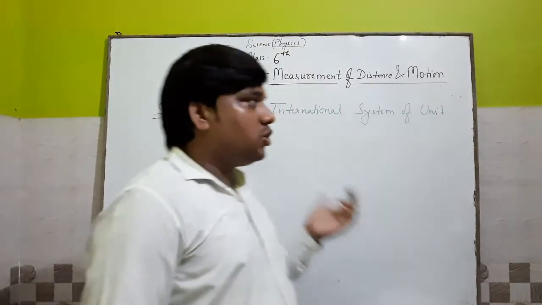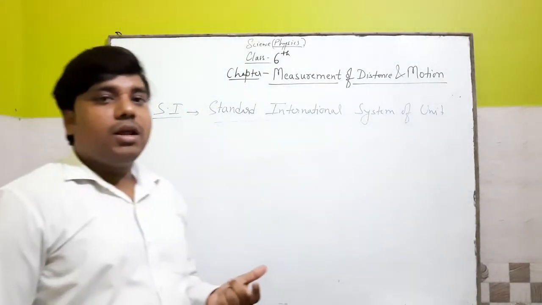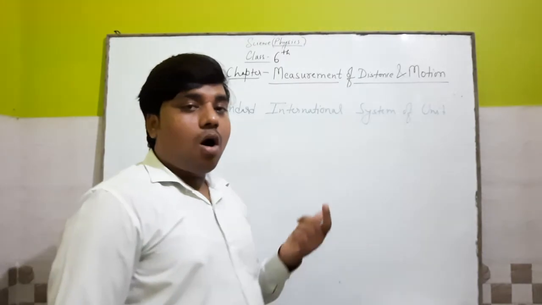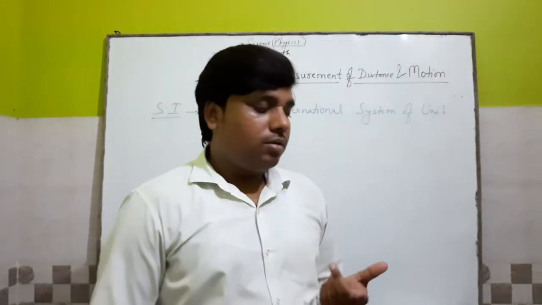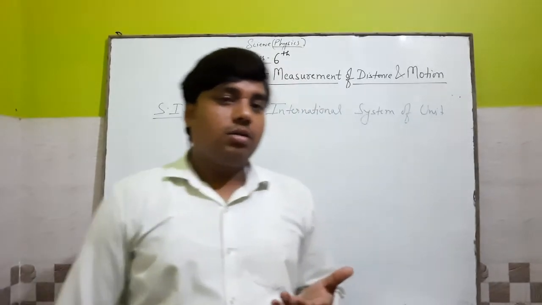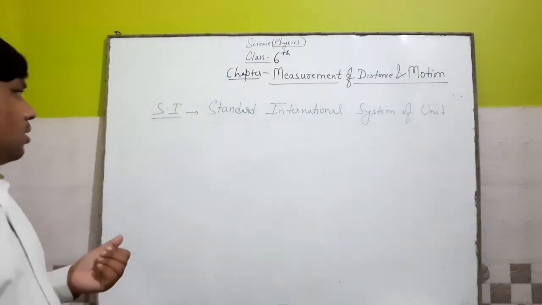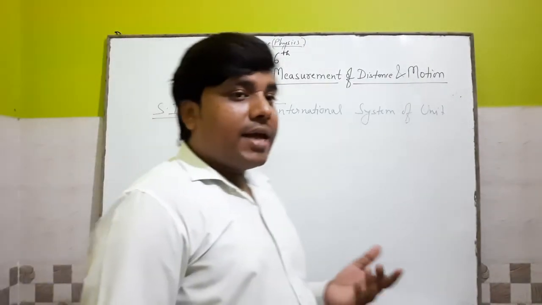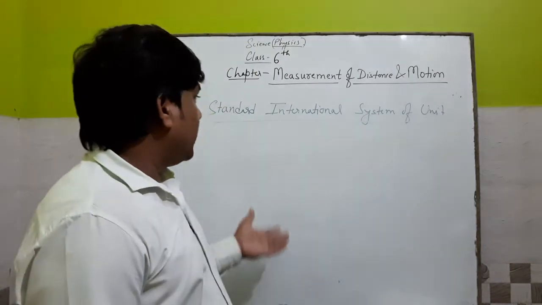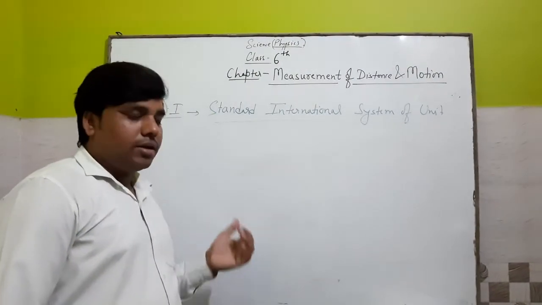Because these SI units are applicable, the same and uniform all over the world. If anyone asks you what is the SI unit of length in India, you say it is the meter.